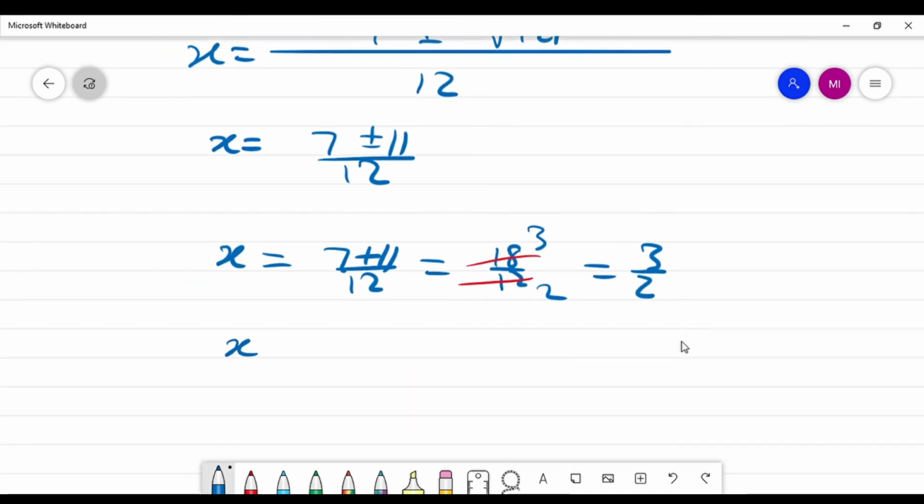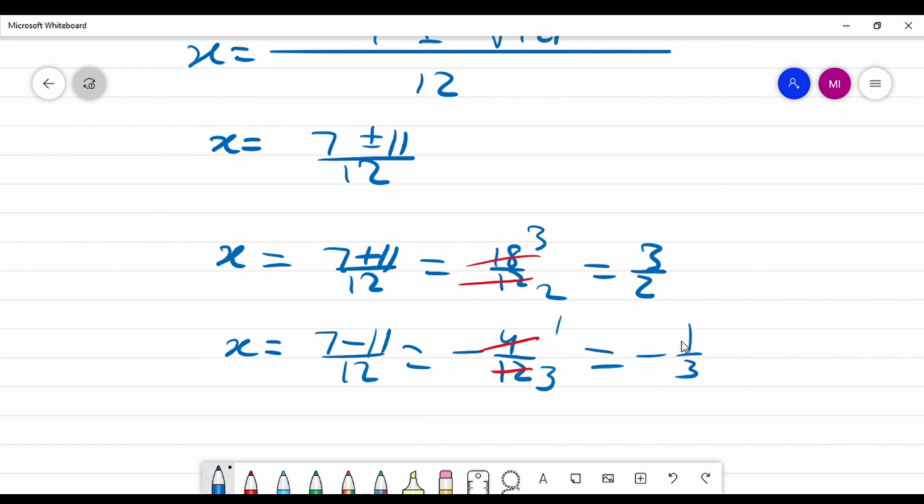And the second value is 7 minus 11 divided by 12. So that's going to be negative 4 over 12. And so these two cut and we get negative 1 over 3. So x is equal to 3 over 2 and negative 1 over 3.